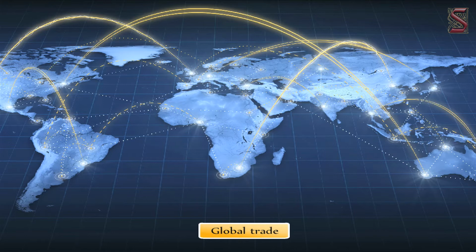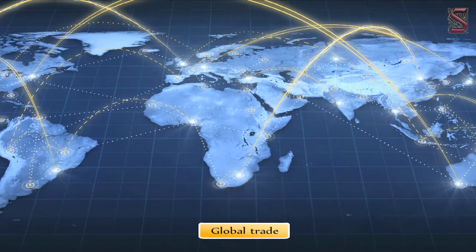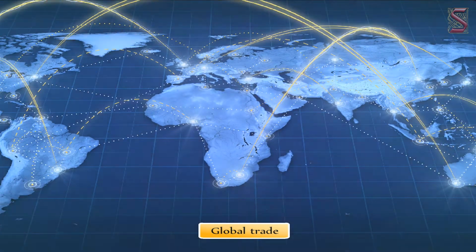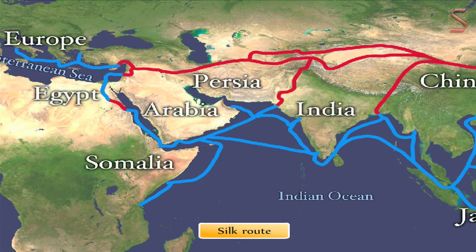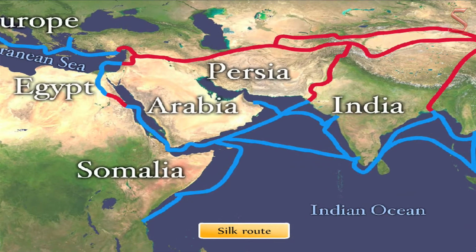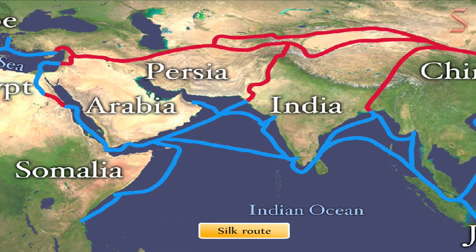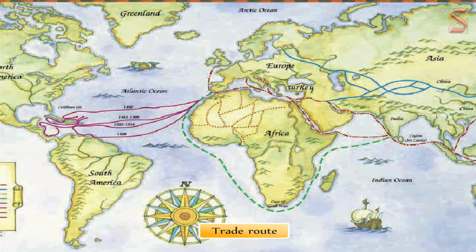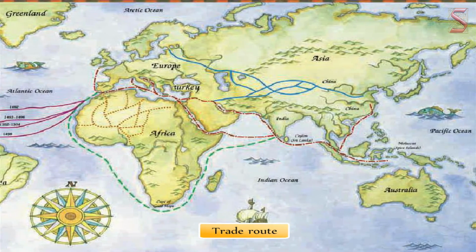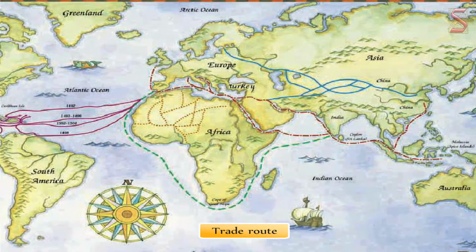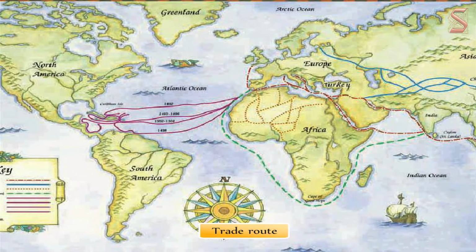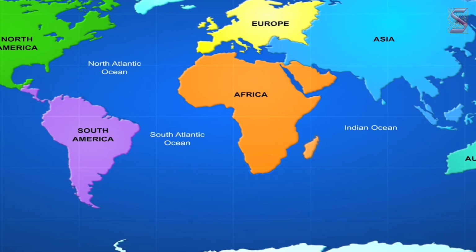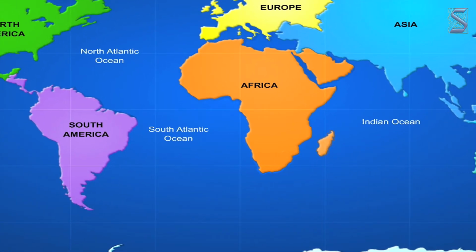Since early history, global trade has been connecting various countries in different ways. The Silk Route in ancient times helped in connecting Asia with the rest of the world. This trade route not only facilitated movement of goods, but also movement of people and ideas. International migration was common even back then.